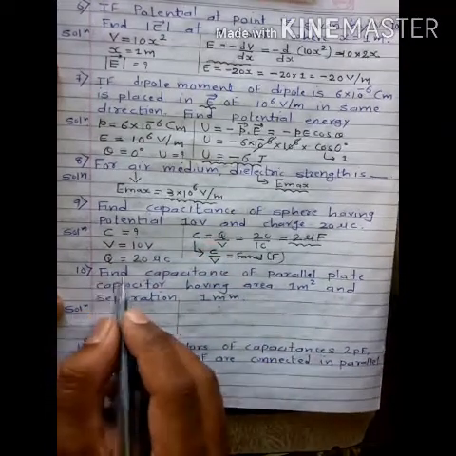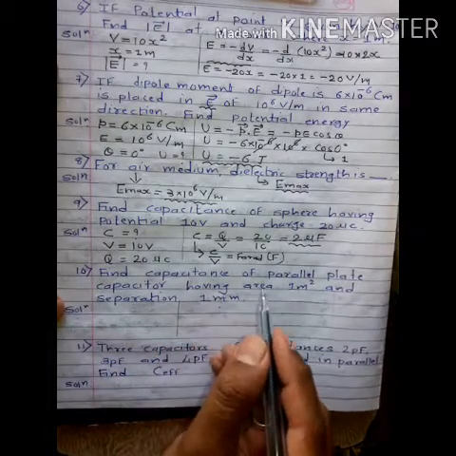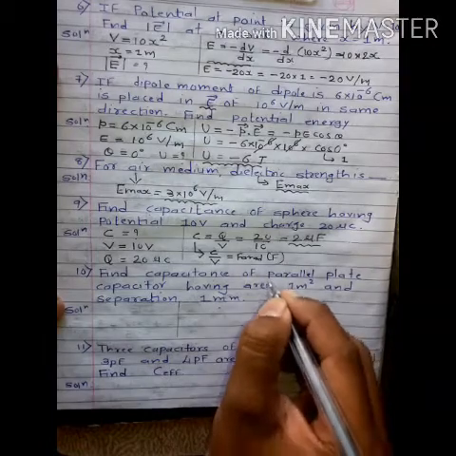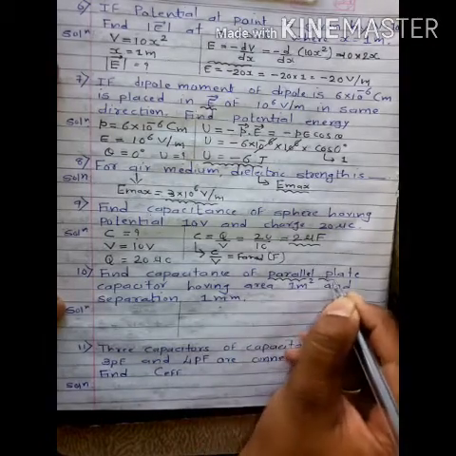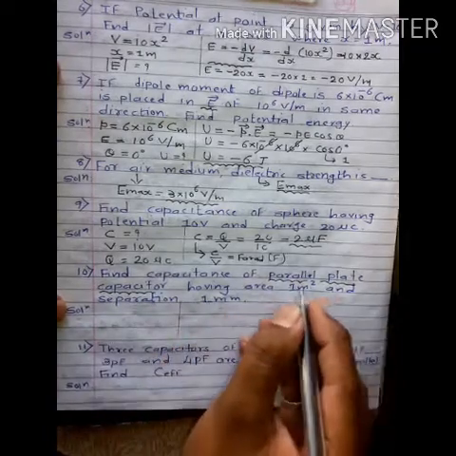Now next MCQ, find capacitance of parallel plate capacitor having area 1 meter square. We have a parallel plate capacitor. Clear? This is the most important type of capacitor.